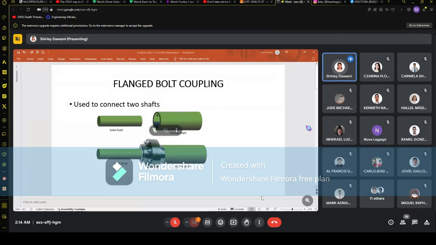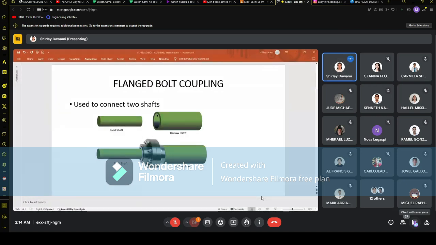So one is the angle of twist, which is how much the material twists because of the applied torque. The second is the shearing stress that the material receives upon the action of torque. Those are the two major focus on torsion problems.